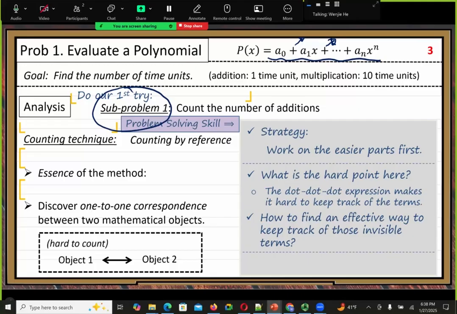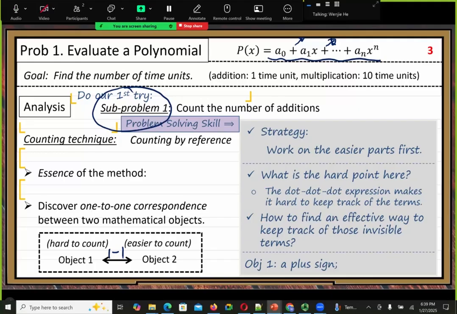Usually object 1 is hard to count, hard to keep track of. But object 2 is easier to count. After you establish the one-to-one correspondence, the number of object 1 should be equal to the number of object 2, because of the one-to-one correspondence.